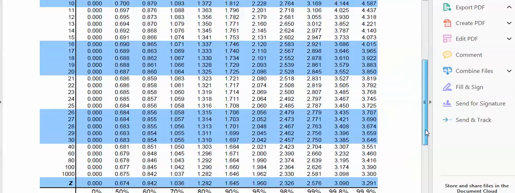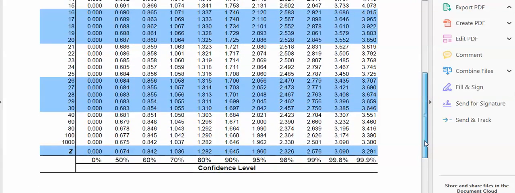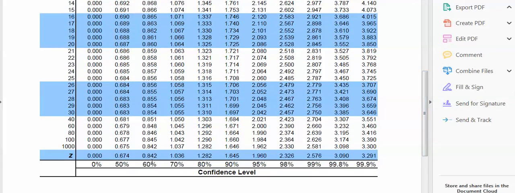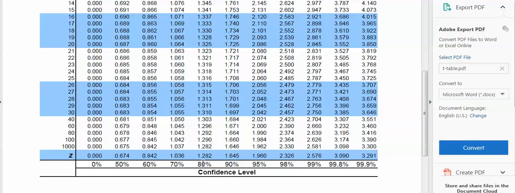Down here we have to choose something called the confidence level. The confidence level is just the percentage that goes along with the margin of error. So the 60% margin of error has a 60% confidence level. The 70% margin of error has a 70% confidence level, and the 95% margin of error has a 95% confidence level.